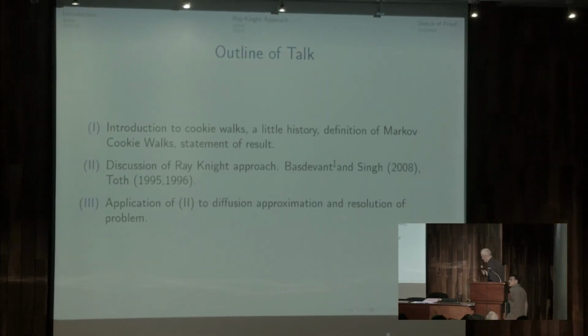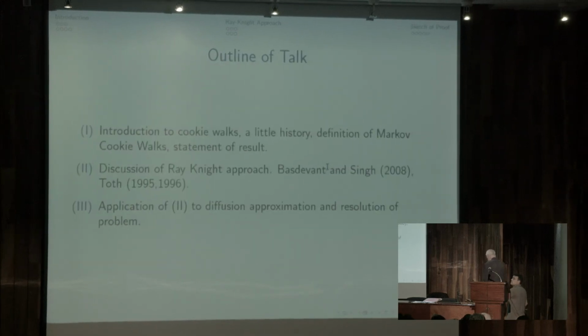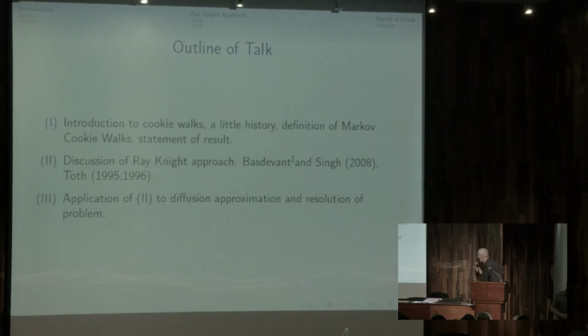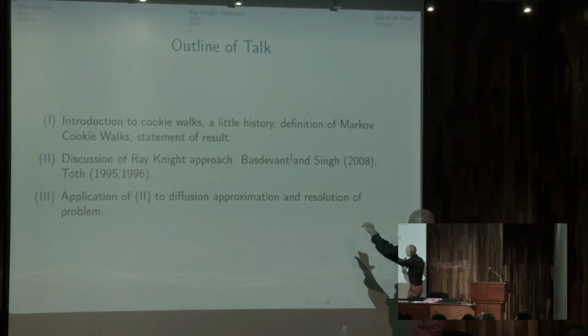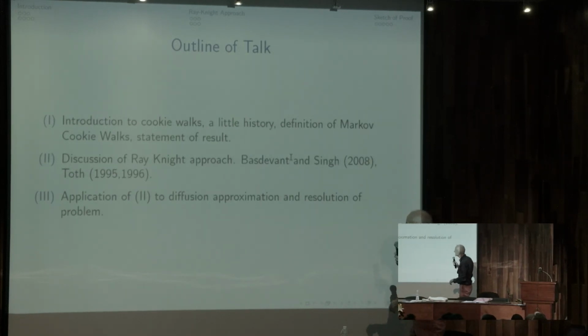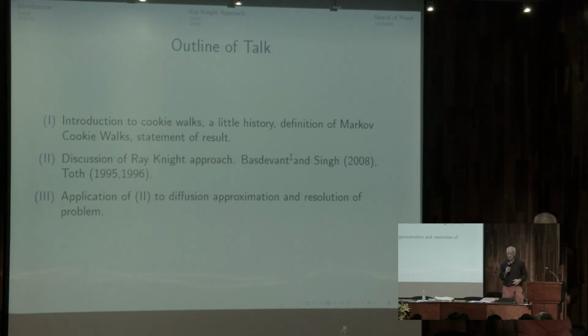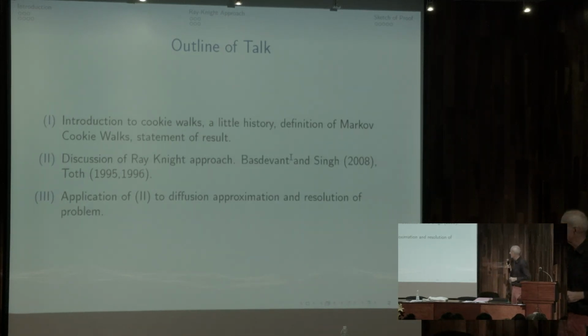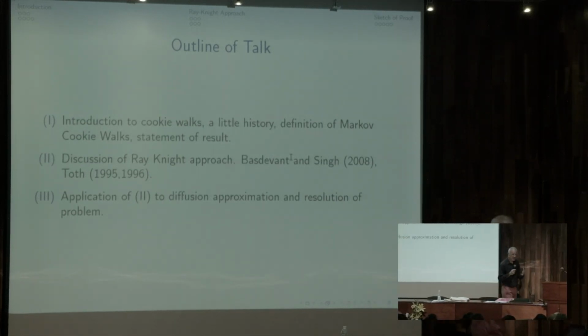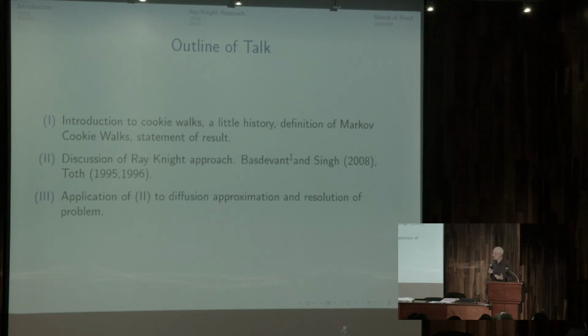Then in the second part, I'll be talking about the main intellectual ingredients of the talk, which are a paper and an approach of Bessel and Singh, and the ideas and results of Balint-Tot, and then just talking about how we apply these ideas to get our result, which is really just a common and garden diffusion approximation.